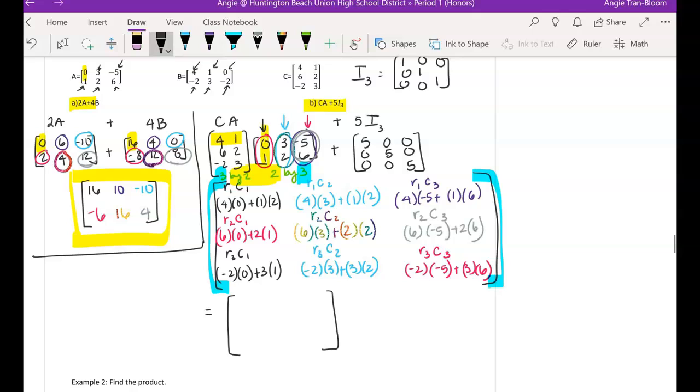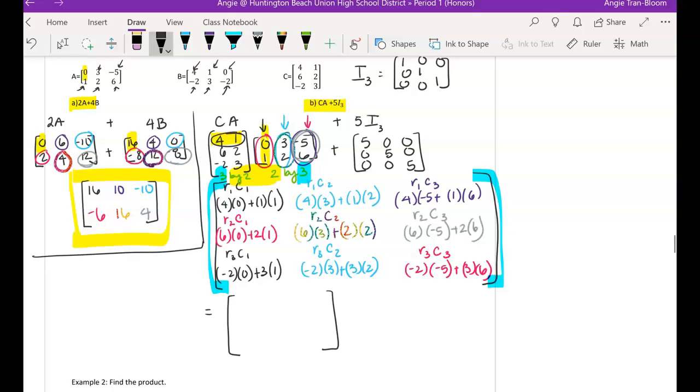All right, let's work out the basic math. 4 times 0 plus 1 times 1. Sorry, this is supposed to be a 1 times 1, that's confusing to you guys. This is row 1, column 1.